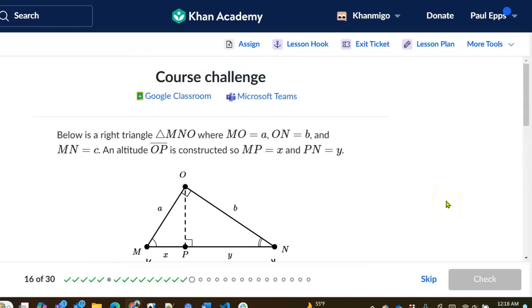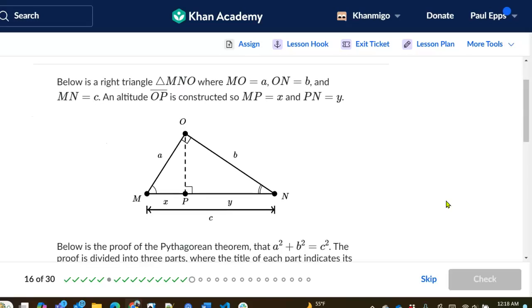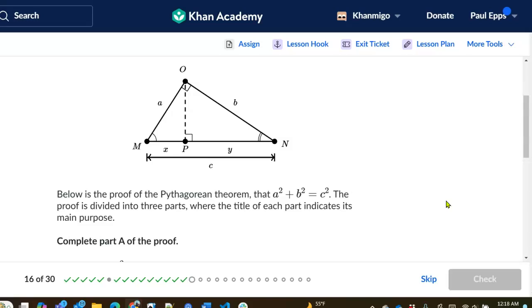Oh, right. Below is a right triangle, MNO. MO equals A. ON equals B. MN equals C. And altitude OP is constructed so that MP equals X and PN equals Y. Below is the proof of the Pythagorean theorem that a squared plus b squared equals c squared.